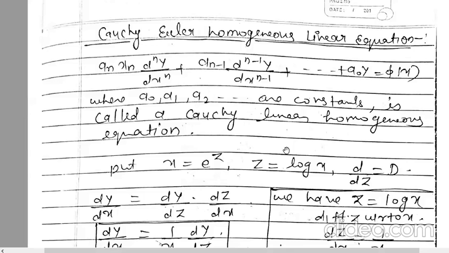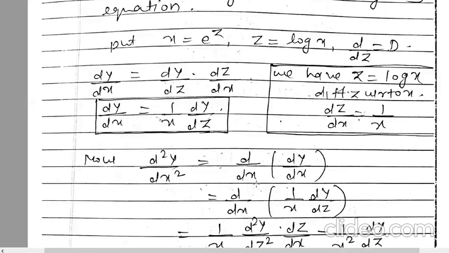So here we can see that we have x^2 d^2y upon dx^2. So our next target is to find d^2y upon dx^2. You can see here x into dy upon dx, you will get dy upon dz, right? Now the second target is to find d^2y by dx^2.